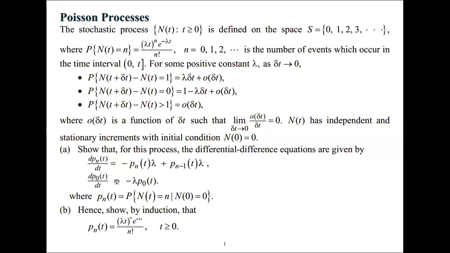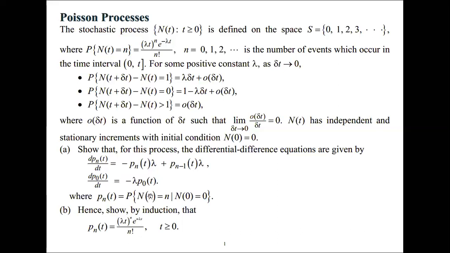We call this one differential difference equations, and we are going to show that the differential difference equation is given by these two equations, where P_n is the probability that the number of events is equal to n, given that initially there was no event.